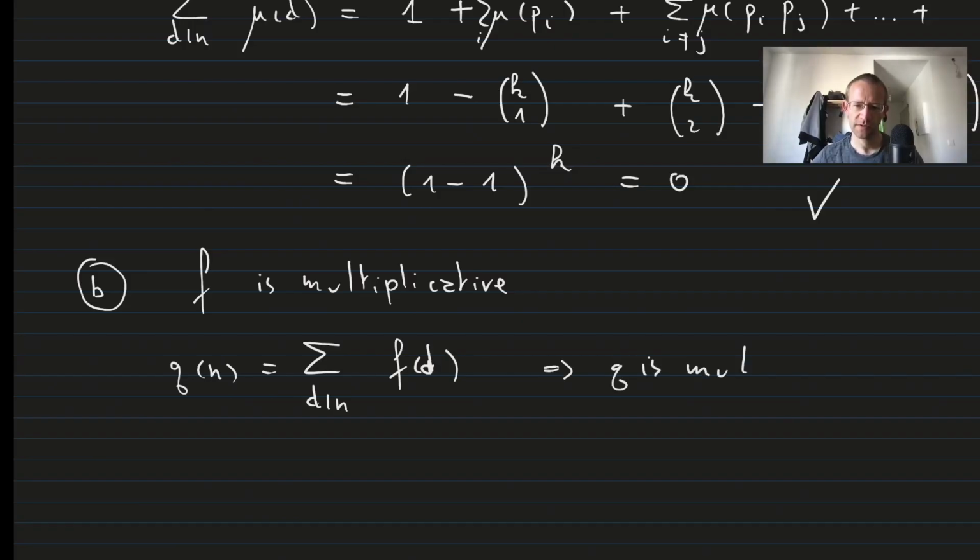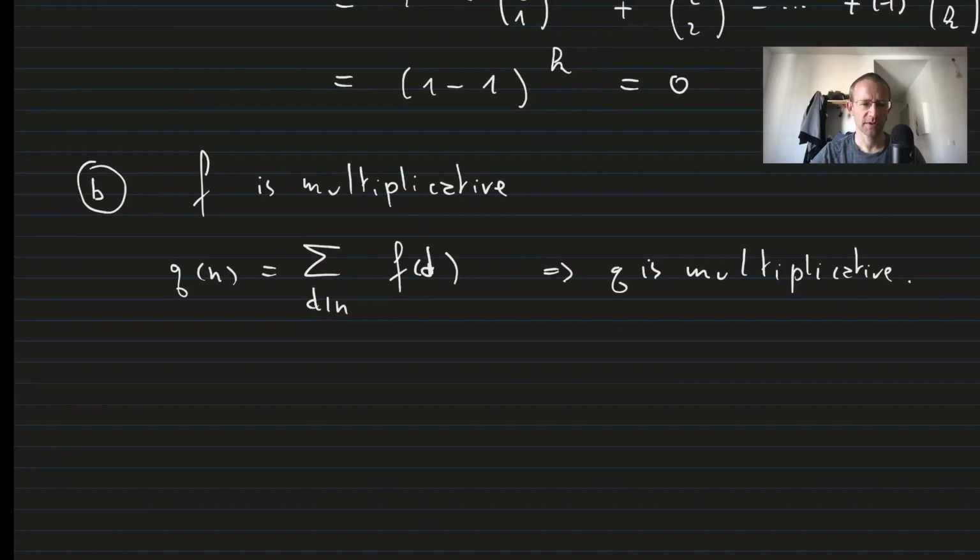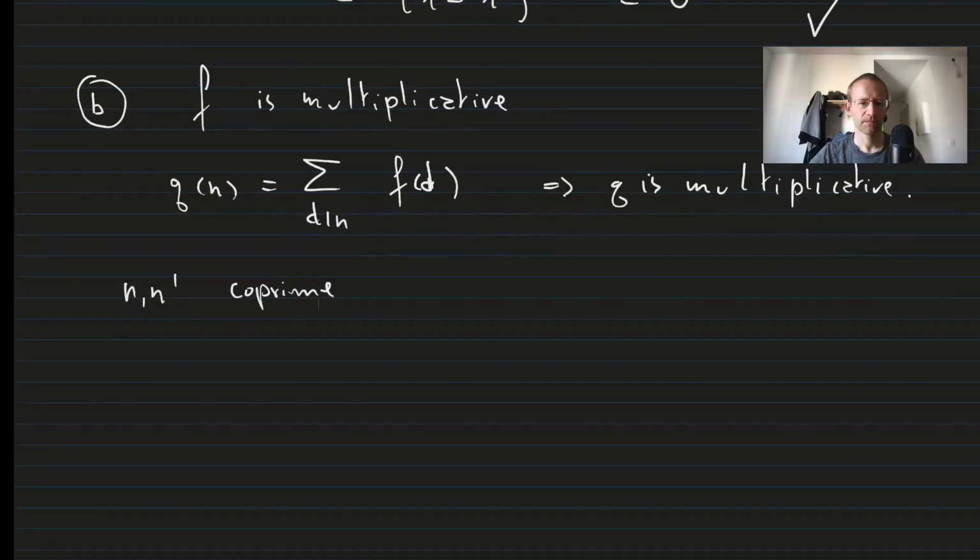So let's prove this. This is actually a consequence of the following property. Suppose that n and n prime are co-prime. Then if I have d dividing n and d prime dividing n prime, then the common divisor of d and d prime is of course 1, because they divide n and n prime.